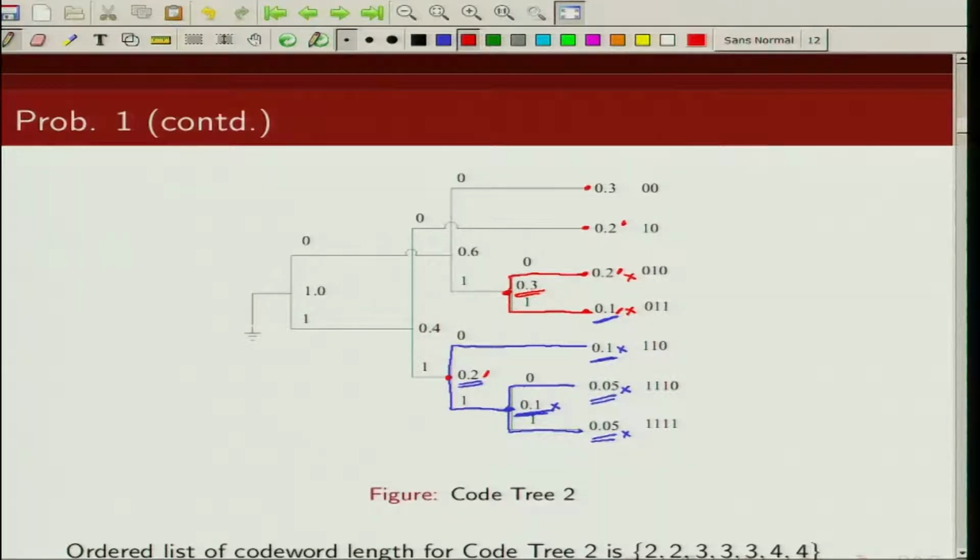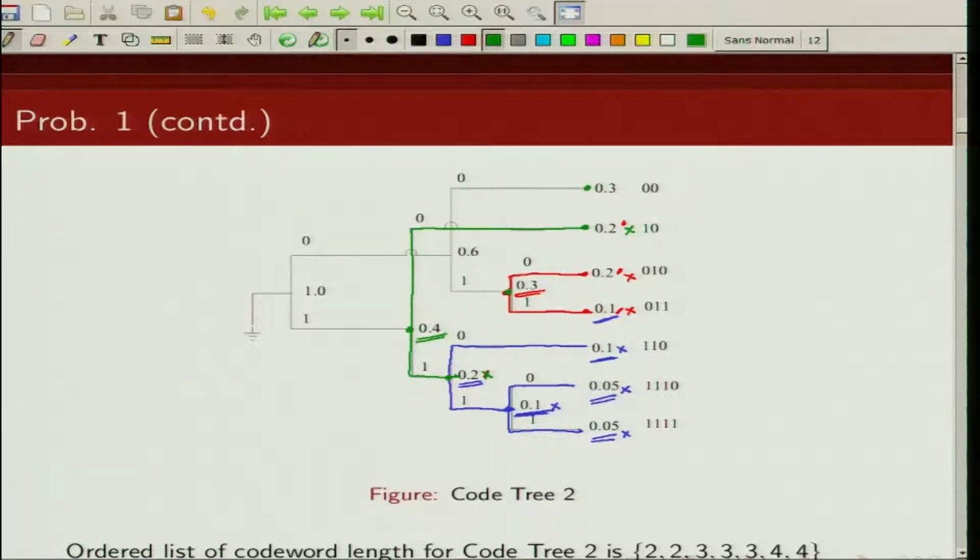So what are the active nodes at this point? This one probability 0.3, this one probability 0.2, this one probability 0.3, and this one probability 0.2. We combine these two nodes which have probability 0.2, get a new node with probability 0.4, and we deactivate these two nodes.